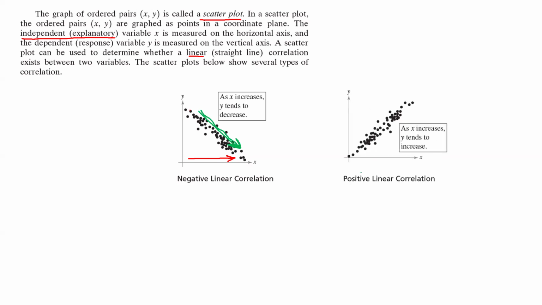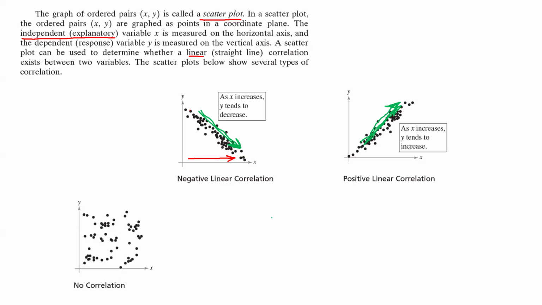However, here you have a positive linear correlation. Why is that? As x increases on the horizontal axis, y increases on the vertical axis as well. So your regression line has a positive slope. It is increasing.